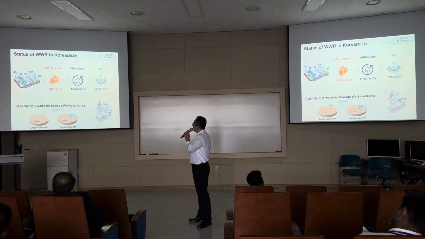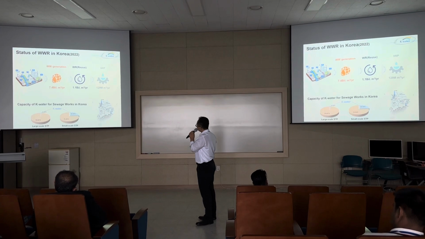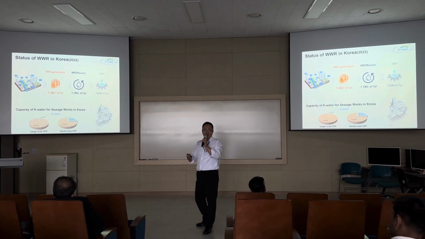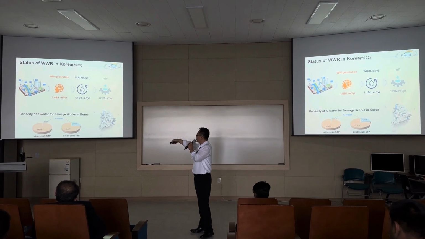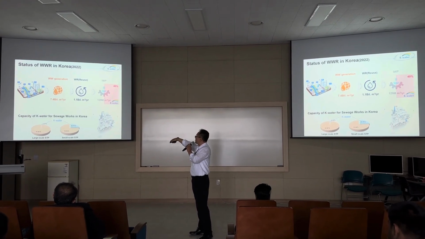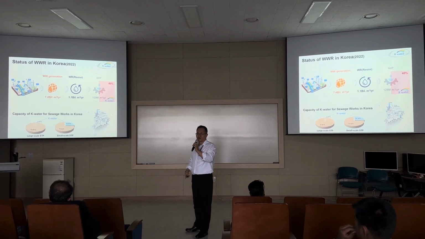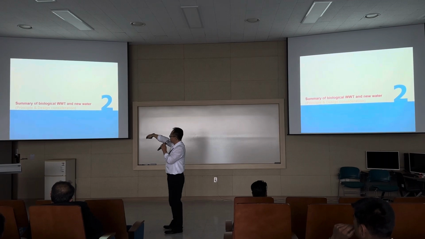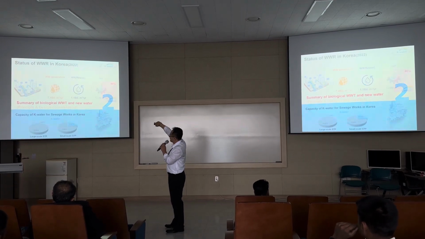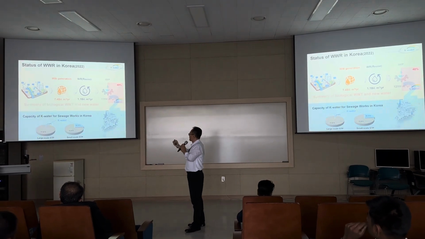Actually, 129 million cubic meters every year are used as industrial water. K-water is responsible for 40% of industrial water production. This is the capacity of K-water.